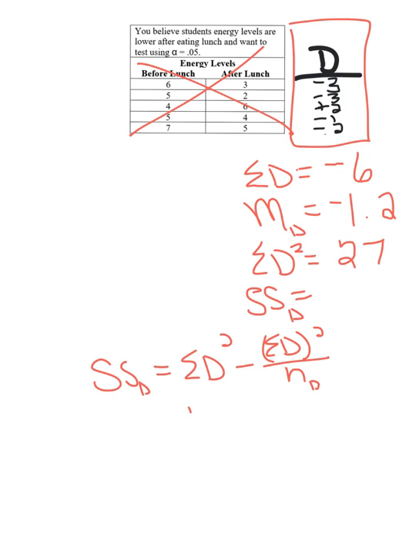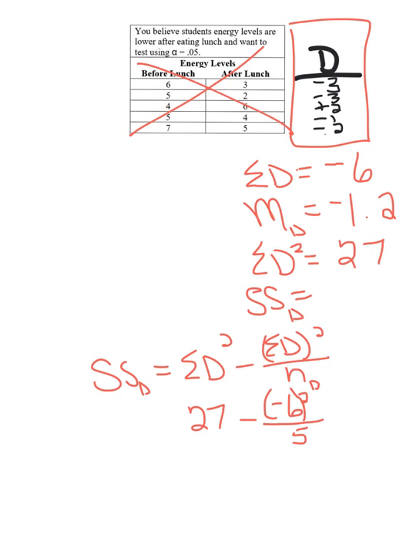This 27 goes in the first spot minus our -6, so -6 squared. Now again, a negative squared should be a positive, so you have to be careful with that. So then we're dividing that by 5 because we have 5 different scores.